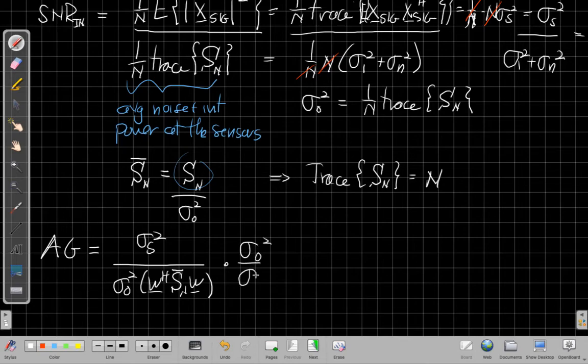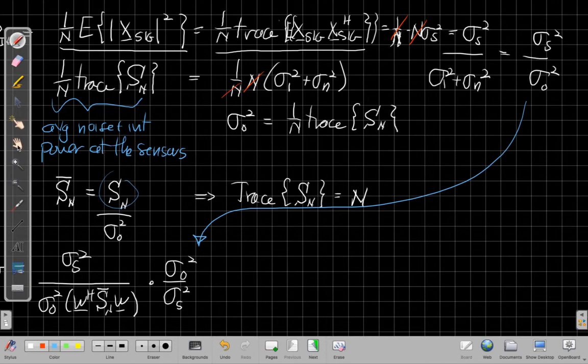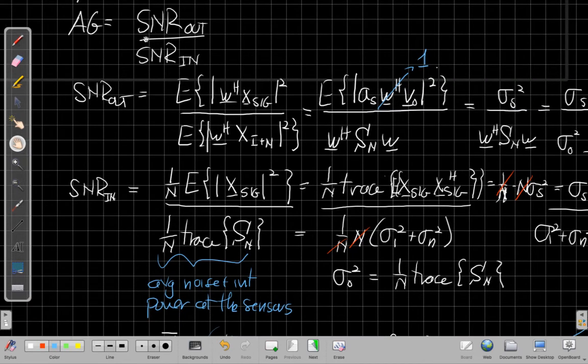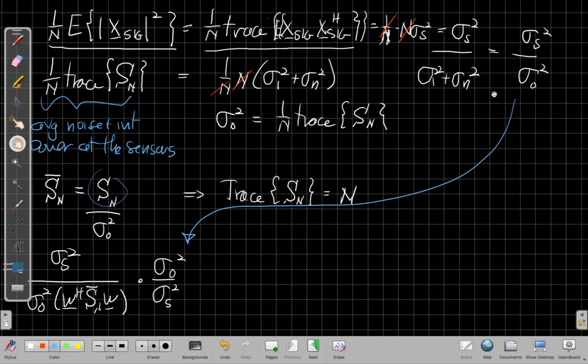So this sigma naught squared over sigma S squared is bringing this down and turning it into a reciprocal, because SNR in is the denominator of the array gain, so it's like multiplying by the reciprocal of this.